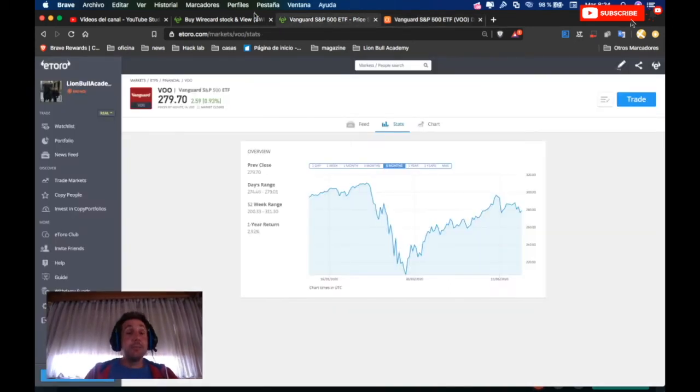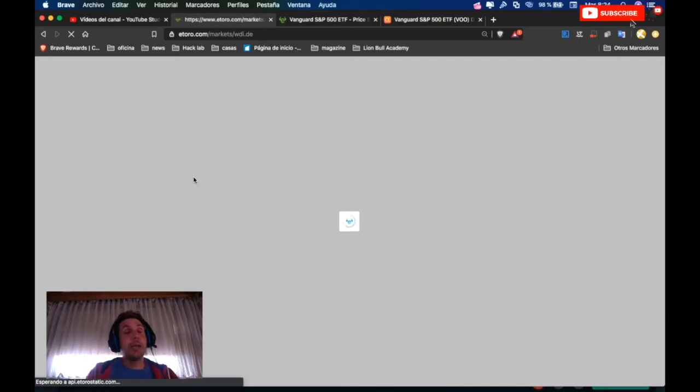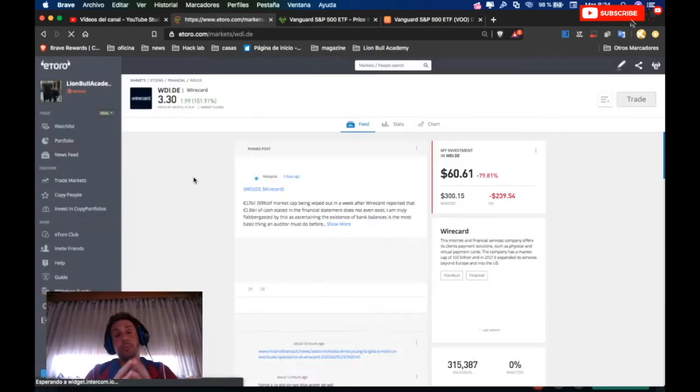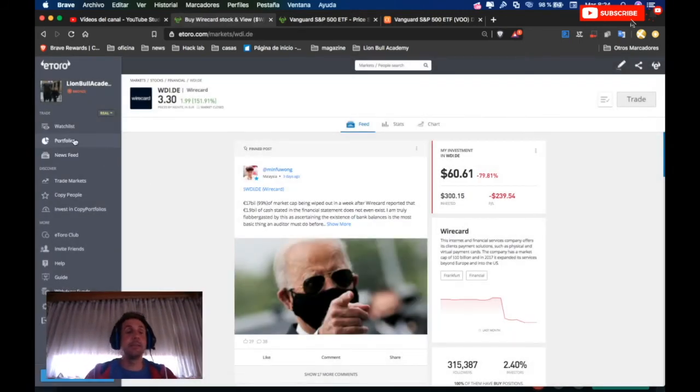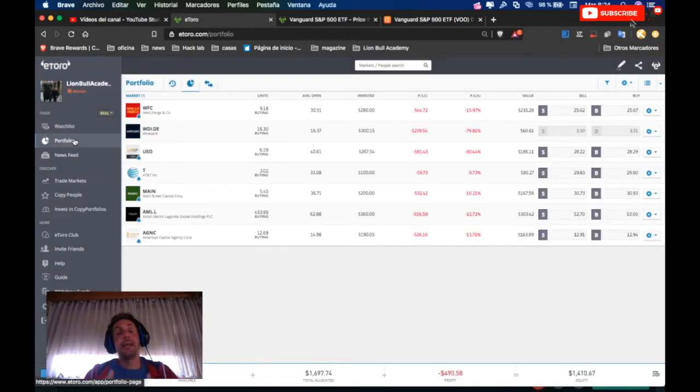So like you can see, you need to look at whether it's really good for you to think about dividends. It depends on the country you live in, how much you need to pay in tax for these dividends.